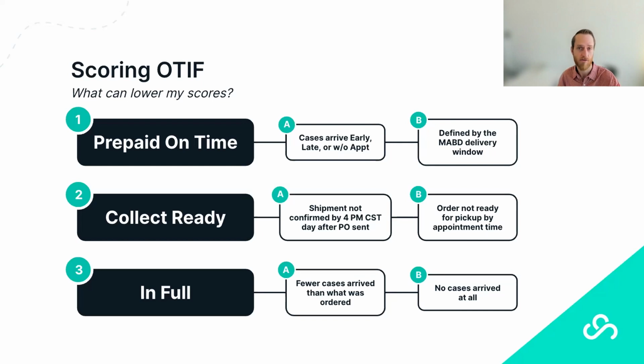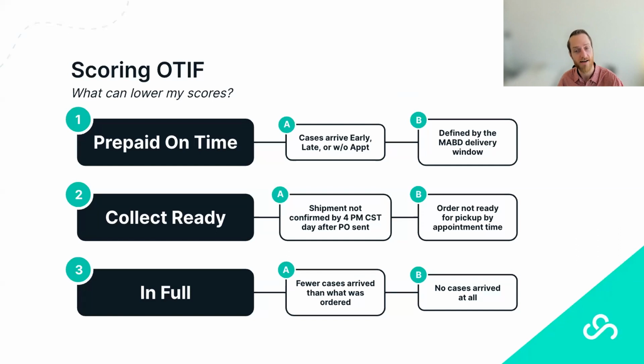Any of those three scenarios can cause you to be not on time, and you're liable for fines. On time is defined by the must arrive by window. We have a slide that will talk about those different windows and what defines your window. It's important to know that, but we'll dive deeper into that shortly.